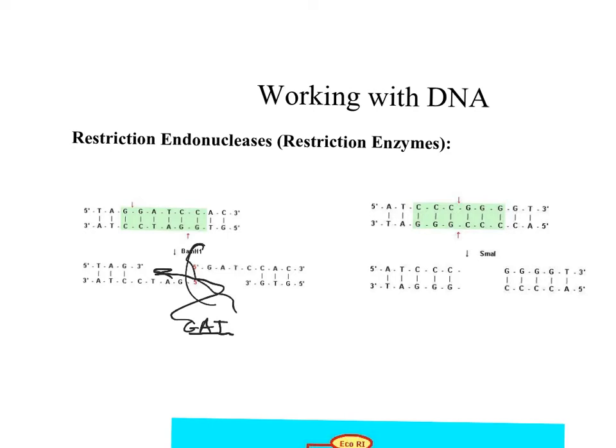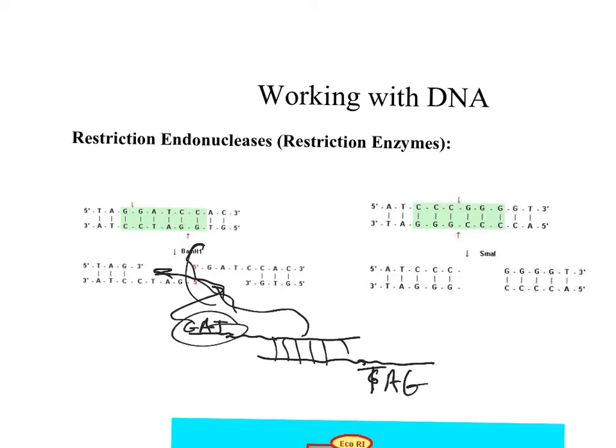If you have a gene and it has something like this on the end, where this would be TAG, okay? Then you would have a gene like this, with your base pairing and all that. Then you can insert this whole chunk right in here. So this part will base pair with this part, and you can actually get it to fit in like a puzzle.